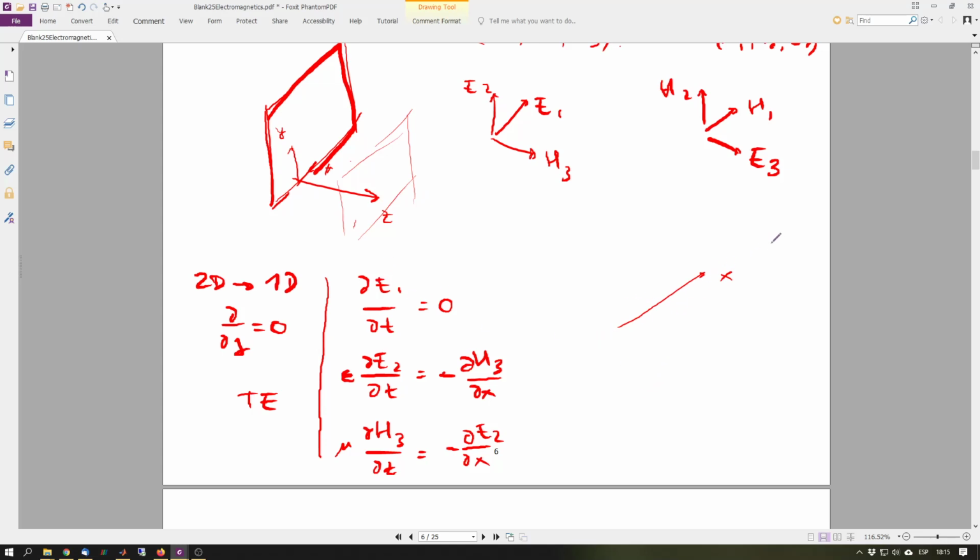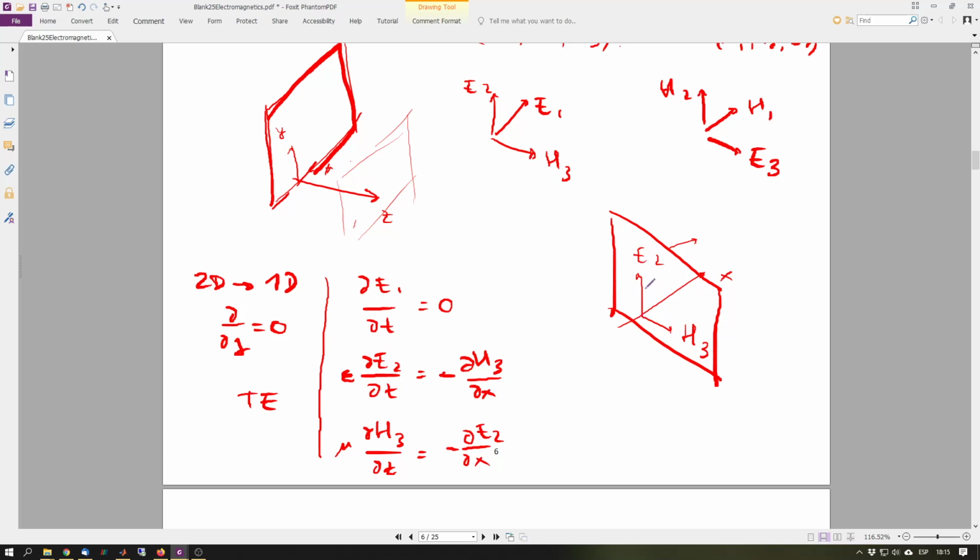My E1 component is going to be constant, and I have variations of E2 and H3. So in here, I'm going to work like a wave that is advancing along this direction. The two components E2 and H3 are going to vary.